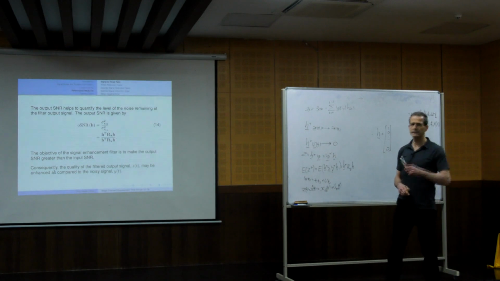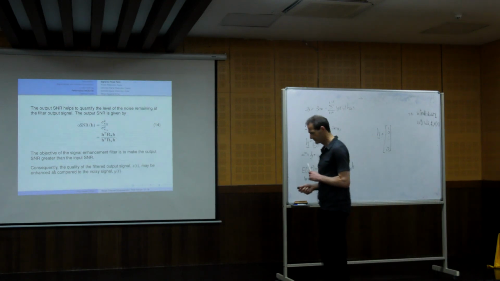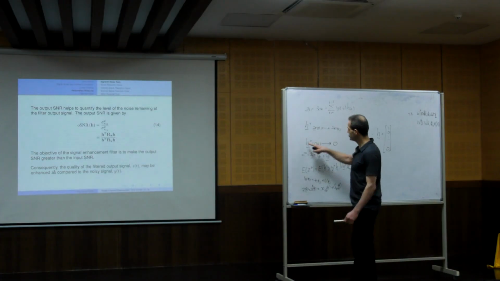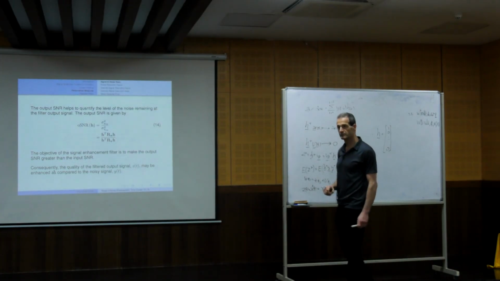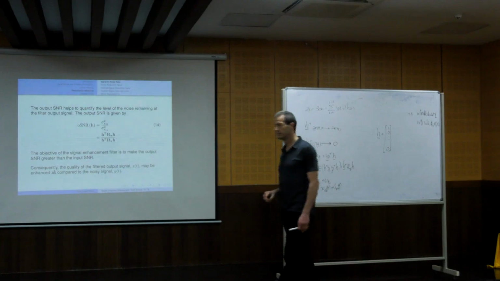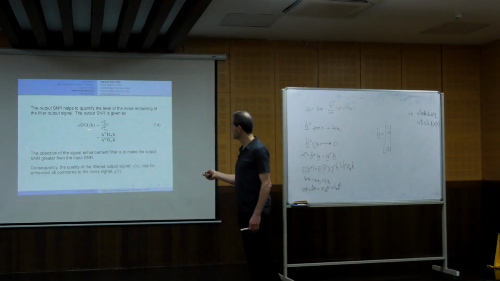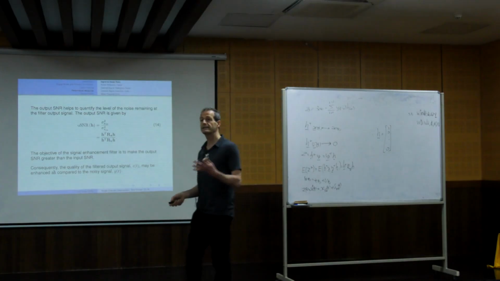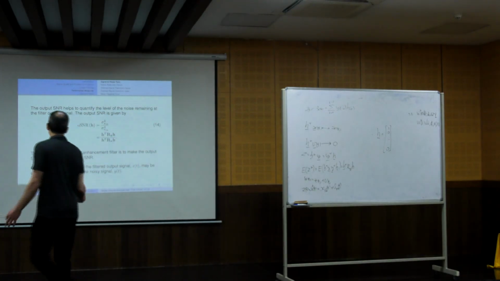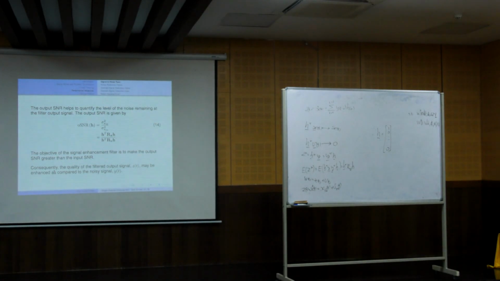Okay? So for example, I can ask you how to find H, how to find this vector such that the output SNR will be maximum, or the gain in SNR. You see, the input SNR is independent of H, it is the input. But after the linear filter, the estimator, I can ask you, how do I find H such that the output SNR, or the gain in SNR, same, will be maximum?